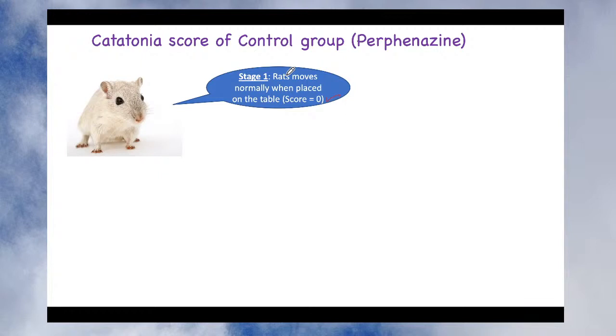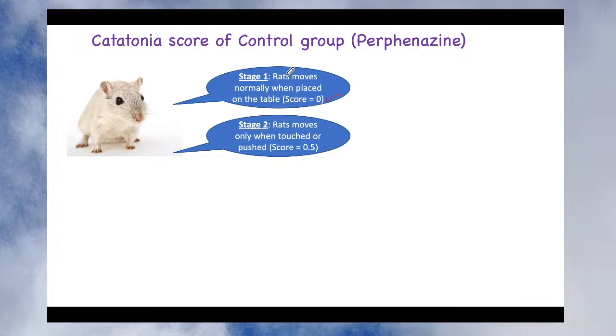Whereas in stage 2, the same animal is kept on the table but it is not moving. This is unusual because it is the behavior of the rat that whenever you keep it in an open space, it will not stop at one place, it will start moving here and there.